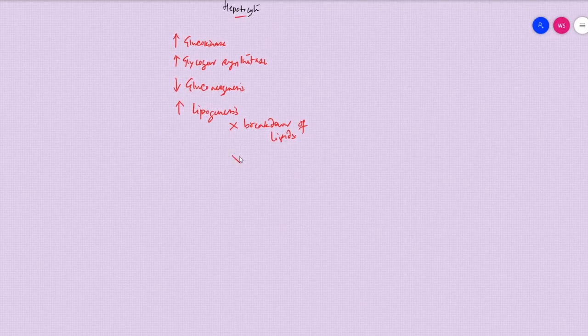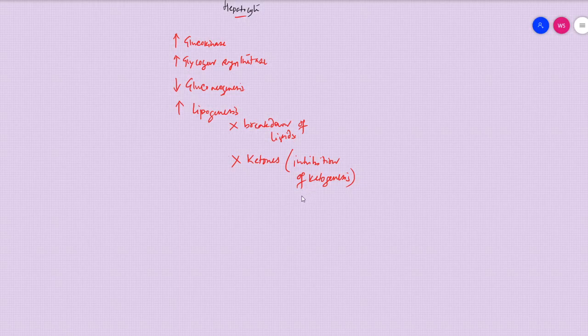So there are no ketones. There is no ketogenesis. Basically there is inhibition of ketogenesis.